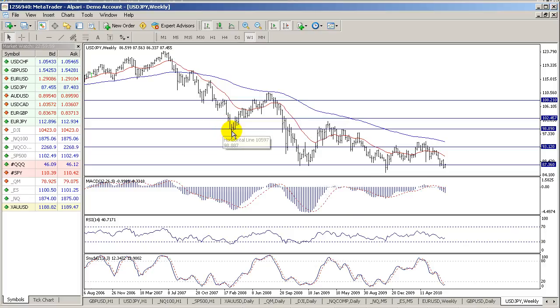So every time the dollar-yen pair rises up toward the 100-week moving average, it's good to consider a short position, particularly when the weekly stochastic gets overbought, and this always comes when there is a huge rally toward the 100-week moving average. So this is the best strategy to apply in a weak downtrending market, to sell the rallies toward the 100-week moving average.